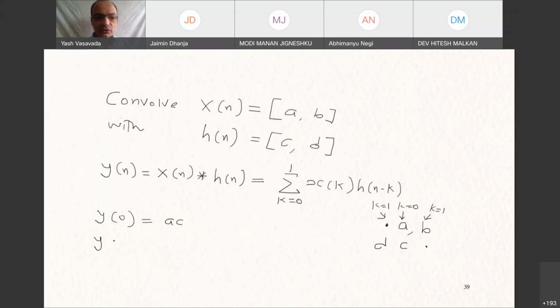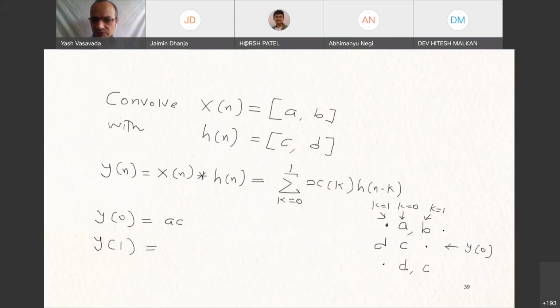So this is for y of 0. For y of 1, what do I need to do now? Move d and c towards the right. So then this becomes null, this becomes d, and this becomes c.